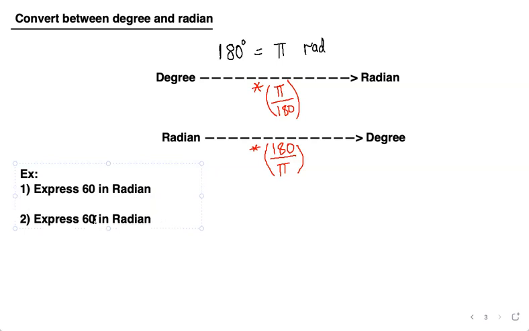So for the first one it is 60 degrees, and here we have to put the degree symbol. And the second one is pi over 6. Okay, who will do the first one?